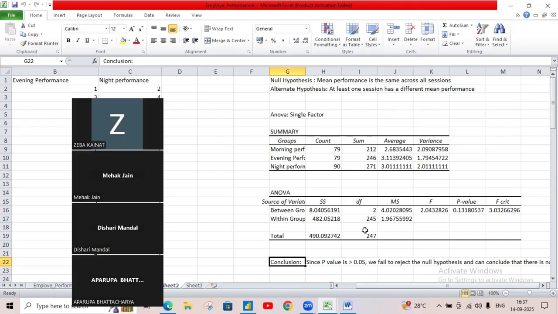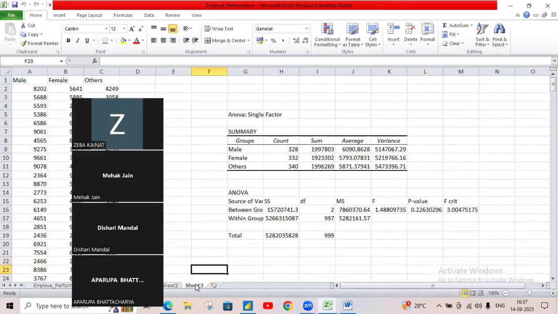I have used the data analysis tool that is available in Excel to conduct this analysis, and what we need to see from this result is the p-value. As we've chosen an alpha critical value of 5%, and the p-value is more than 0.05, we fail to reject the null hypothesis, and we can conclude that the mean performance is the same across all the sessions.